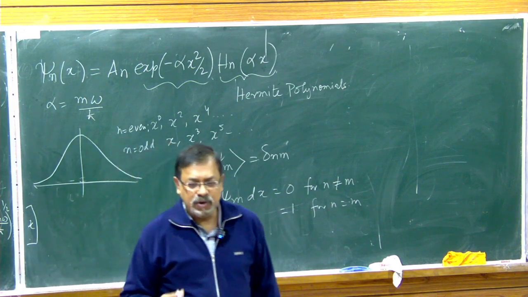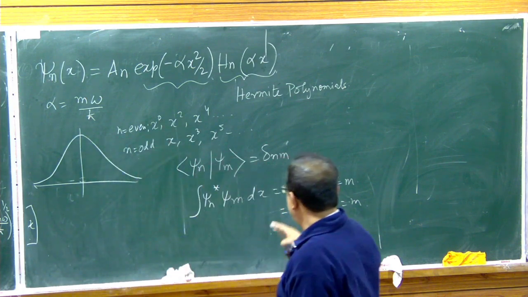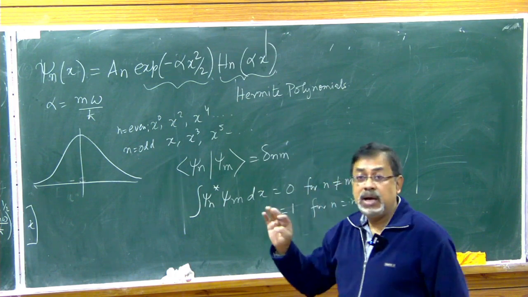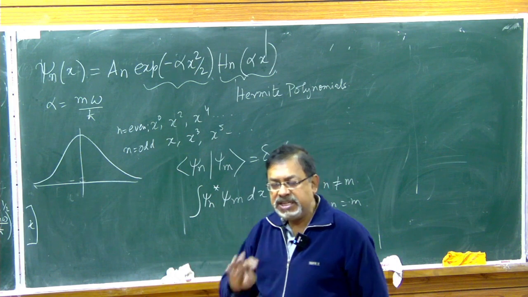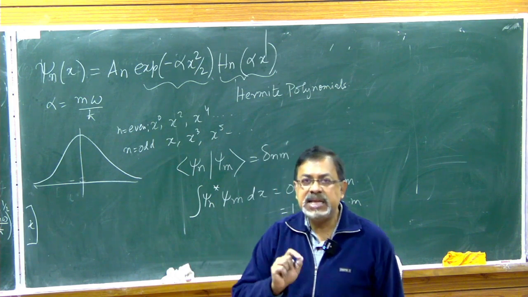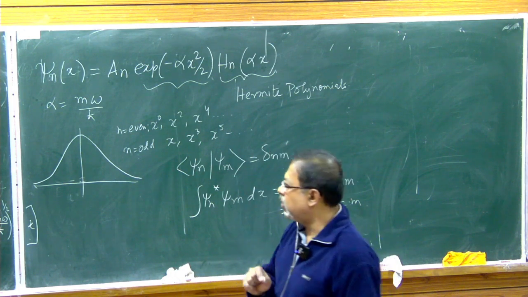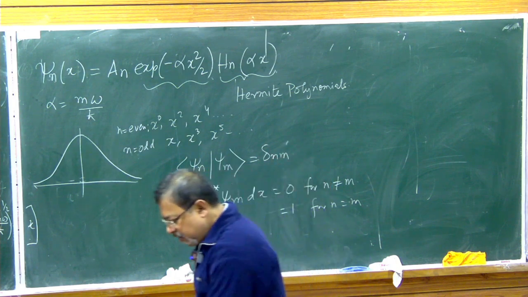It's not important for you to know the mathematical details of the Hermite polynomials for this given problem, but just to know that these have even functions of x and odd functions of x, and I'll write down a few of them at least.